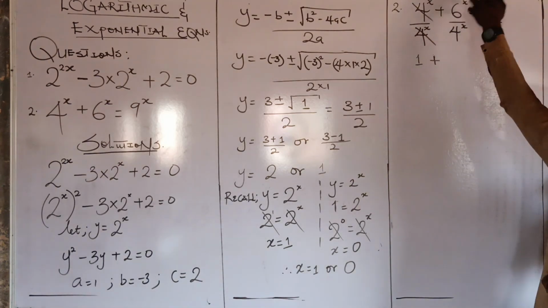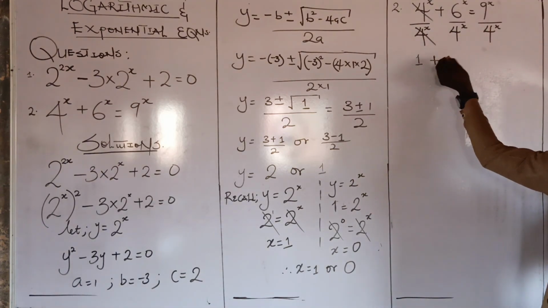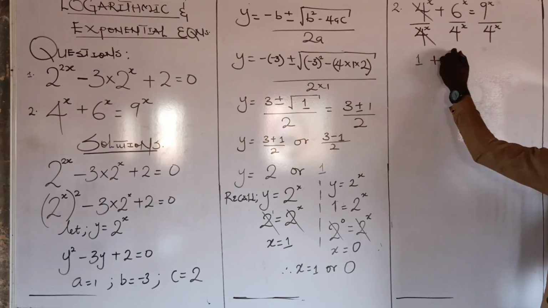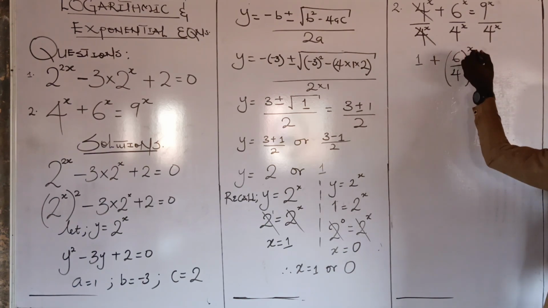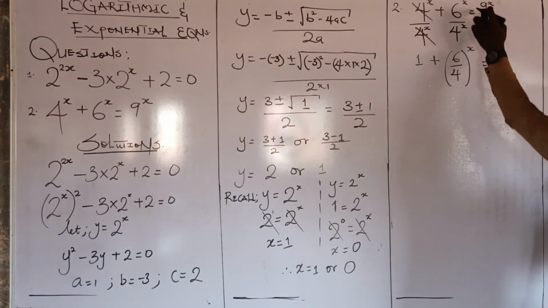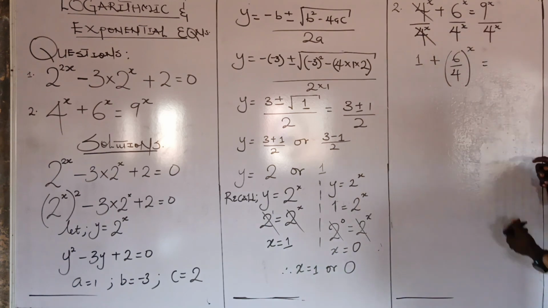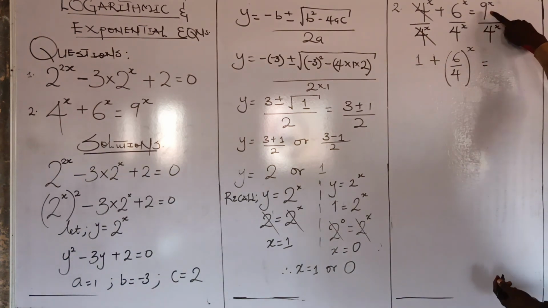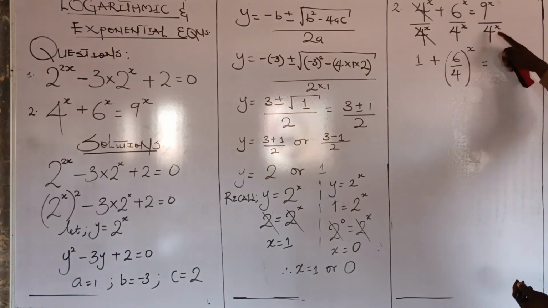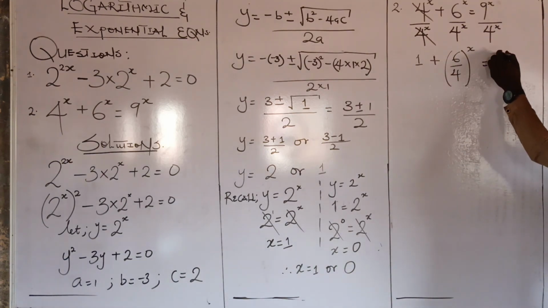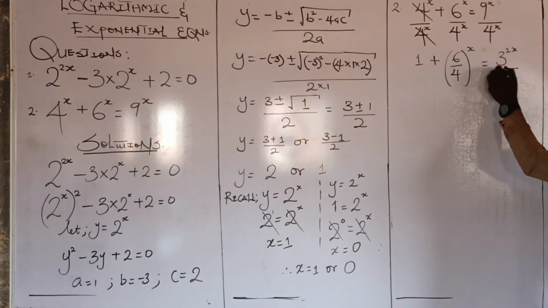I will just bring out the value of x and say 6 over 4, and I'll put my x outside. Now what do we have here? We have 9 and 4. If you check properly, you find that 9 is a perfect square and 4 is a perfect square. So we can say 3 squared over 2 squared.